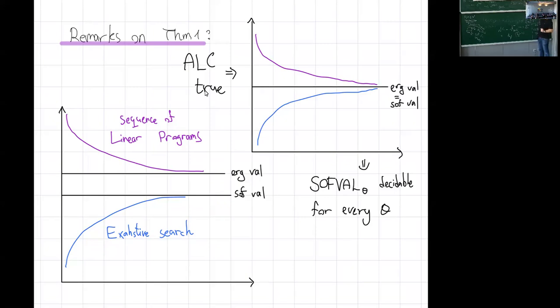I gave you theta beforehand, that's very important. You can just halt whenever this distance is smaller than, for example, theta over 2. Then for sure you're either at value 1 or smaller than 1 minus theta. So this blue line is naive; this is slightly more involved, but still not that hard. And this is what we get out of it.